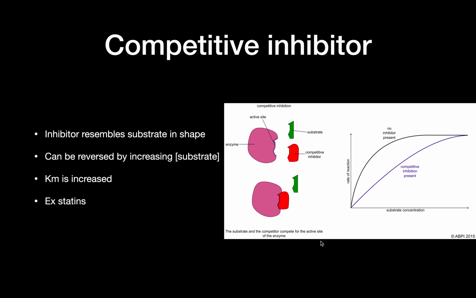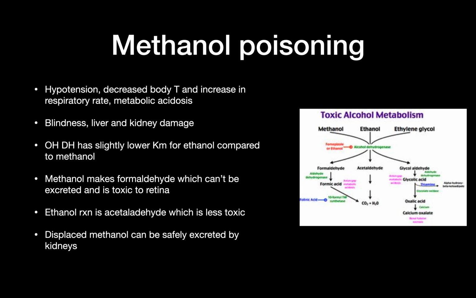This is the Michaelis-Menten. So in methanol poisoning, the signs are hypotension, decreased body temperature, and increase in respiratory rate. Other clinical signs are like metabolic acidosis.